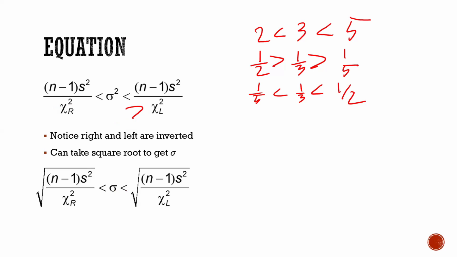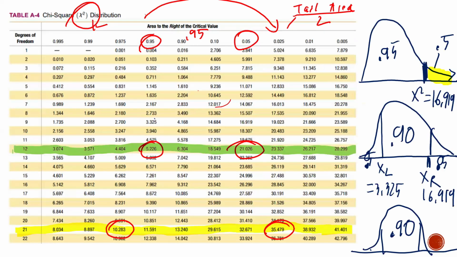One thing you want to be careful about is this chi-squared R. What a student might accidentally write is, well, I can take the square roots, and I only have to leave the square root of n minus 1. S squared square rooted is just s. And they might think chi-squared R square rooted is just x R. I guess that's true, but notice this table has values that are called chi-squared.